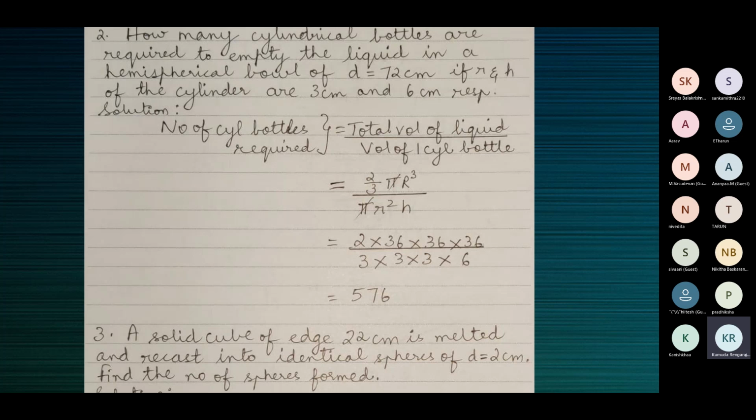Please do it like this only. Number of cylindrical bottles required is equal to the total volume of the liquid by the volume of one cylindrical bottle. Always take an example to understand better.